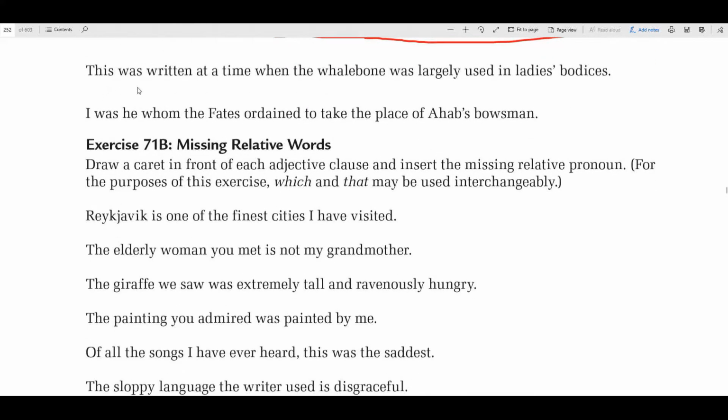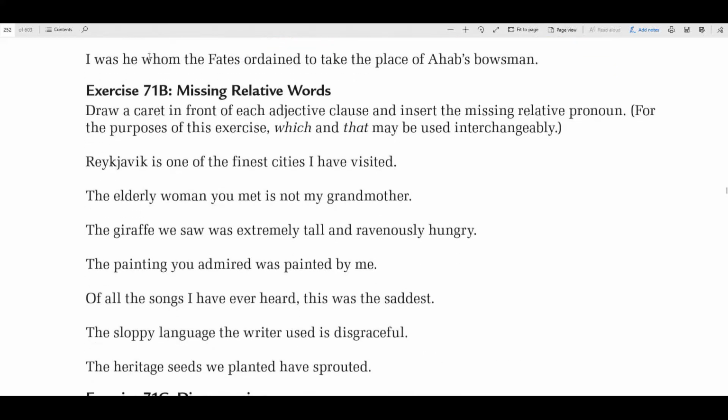Okay. This was written at a time when the whalebone was largely used in ladies' bodices. When always tells us that it's an adverb. Okay, one more.